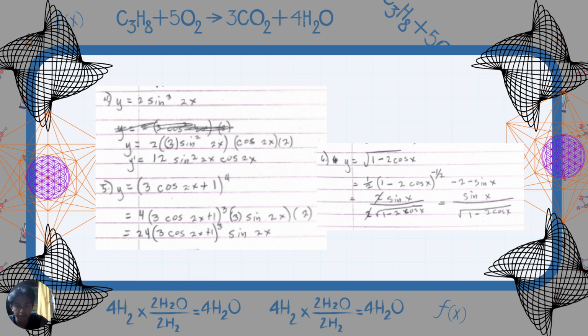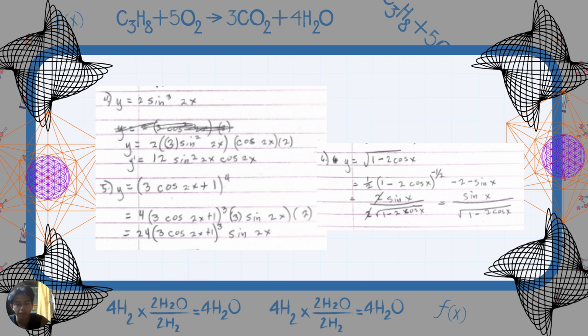And then next is to find the derivative of the inner part, which is the 1 minus 2 cos x. So the derivative of that function is negative 2, of course copy the constant, and then the derivative of cos x is simply negative sine x.